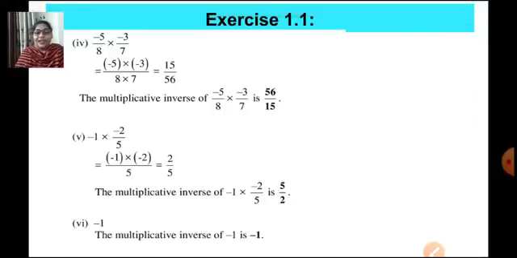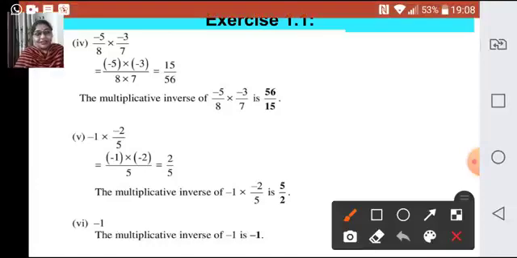Let us move ahead. Here a little bit of solving we have to do. The fourth one they have given is negative 5 upon 8 multiplied by negative 3 upon 7. So here it is directly multiplication. We know fractions we can multiply directly, numerator to numerator, denominator to denominator. So here 5 into 3 will be 15, and negative will be positive.